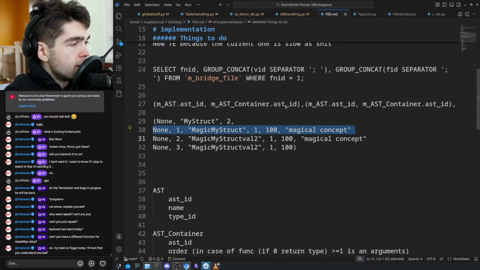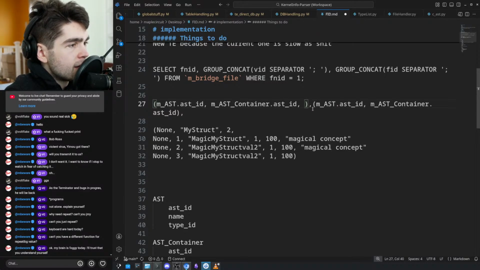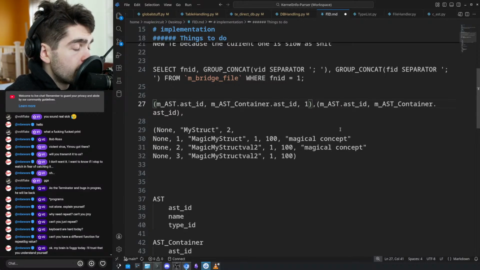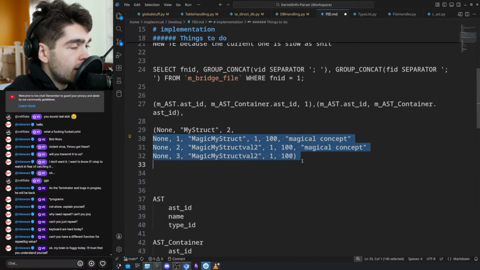We don't need these. Maybe we just add a new value here that states how much repetition there is. So if there's only one, it will put 1, right? So we can hard code it for those that we know is always going to be 1. And for those that are repeatable, we can put a variable in that will reference the length of this, right?